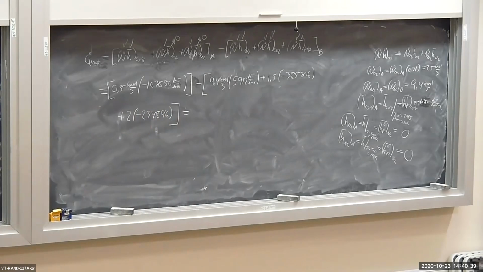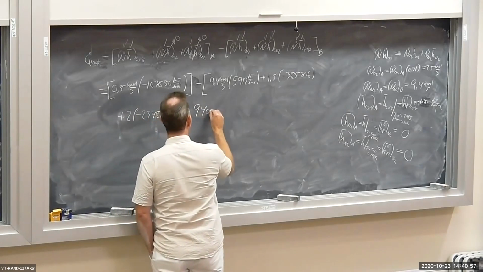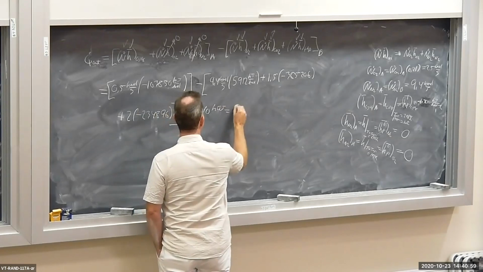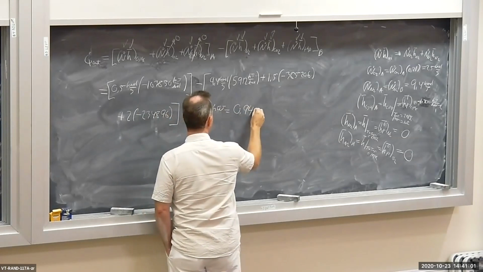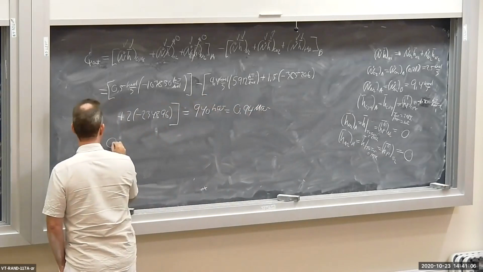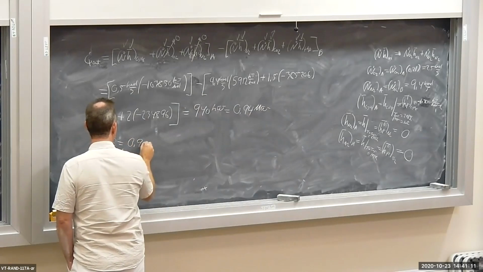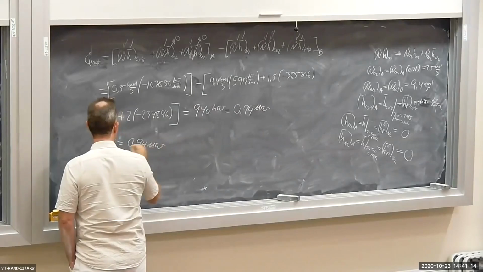And you crank that all out and you get a heat transfer rate of 940 kilowatts, or if you like, 0.94 megawatts. So Q dot out is equal to 0.94 megawatts, about a megawatt.